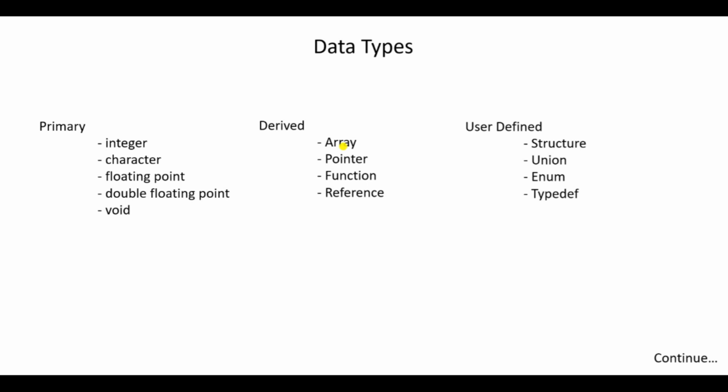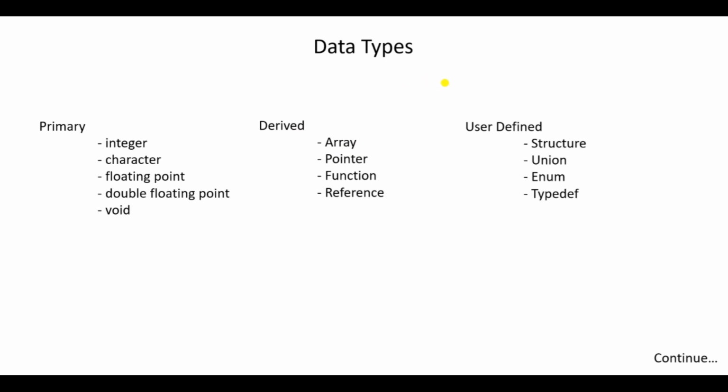Let's take the example of an integer array. An integer array is nothing but a collection of integer elements, all integer elements. There will not be any other type. It will be only integers. Similarly, if you take a character array, then it will be characters only in that variable.